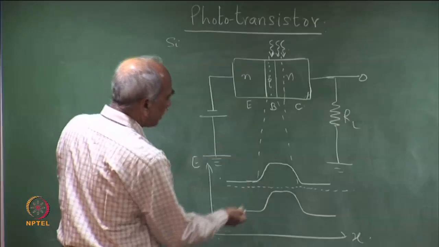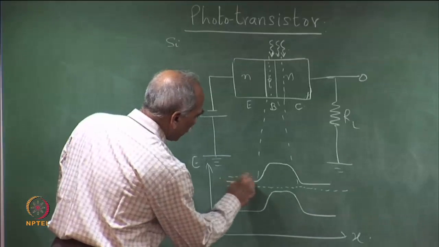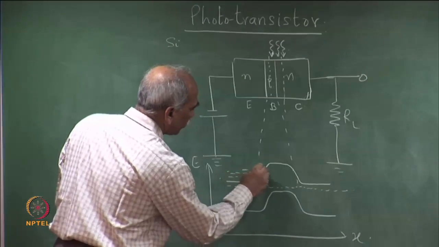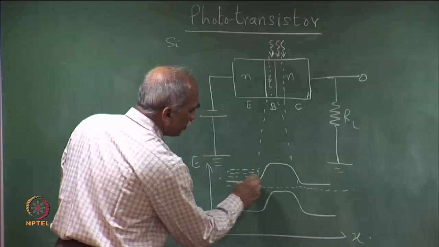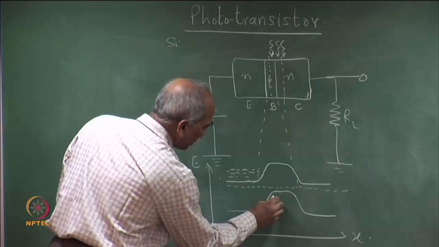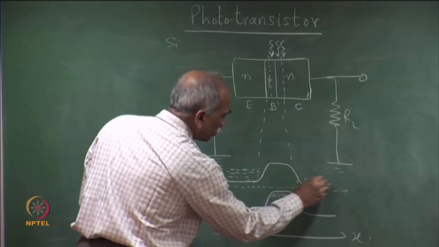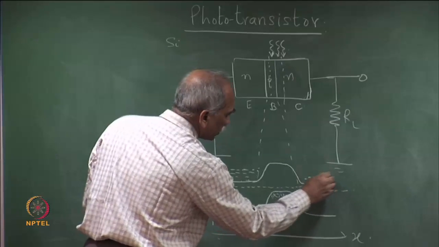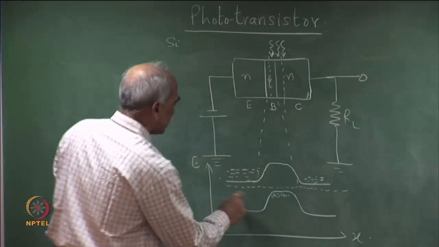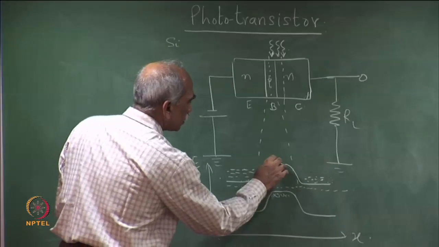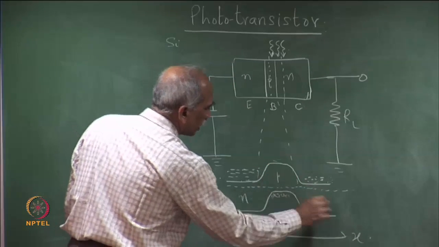It is a relative bias. So, you have plenty of electrons here, there are holes here, and again plenty of electrons, because this is the N side. So, this is N, this is P, and this is N.